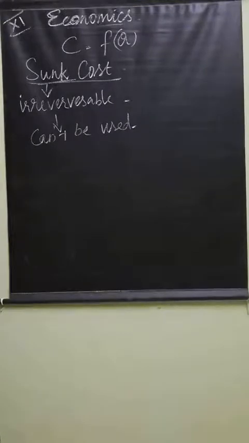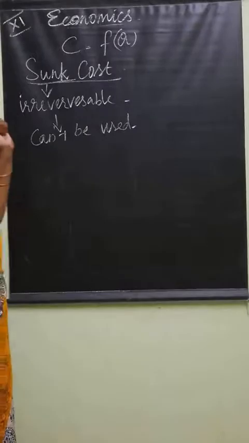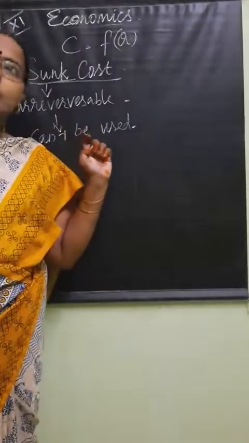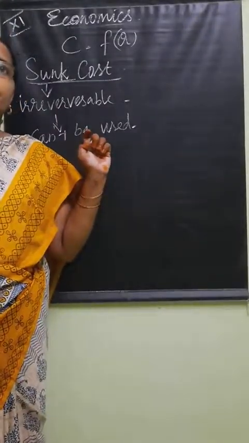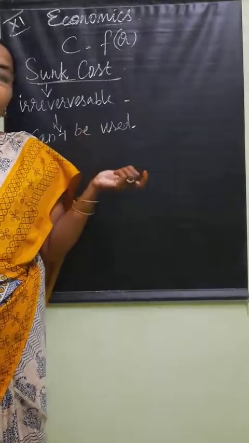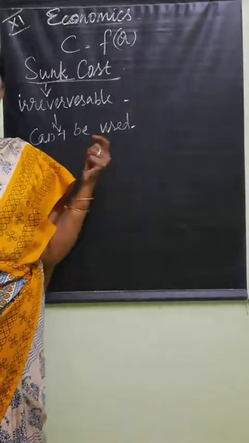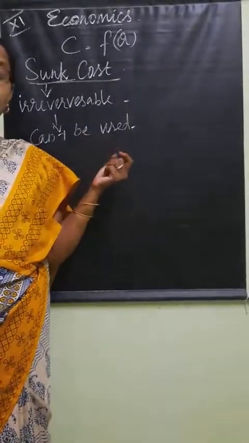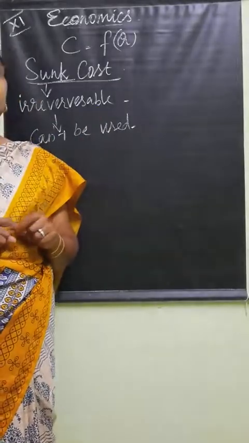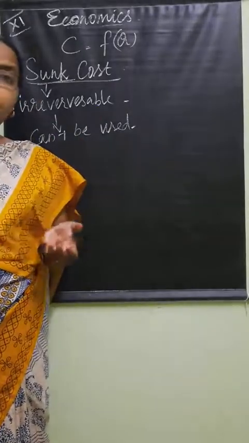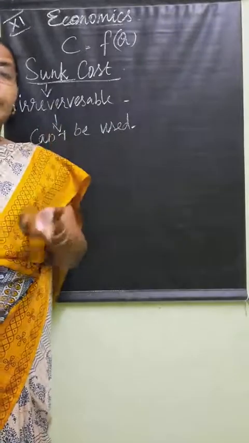Let me give you a simple example. We teachers, during this online classes quarantine period, bought some chart boards like this. Some teachers have bought a white board. Some of them use a tripod to take the video.